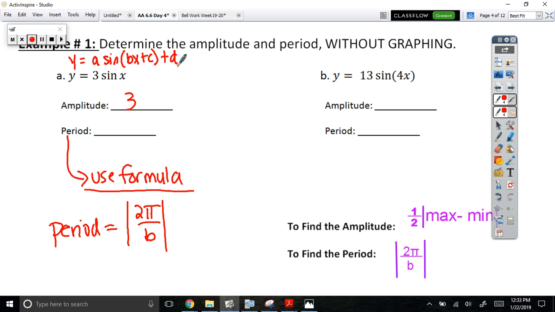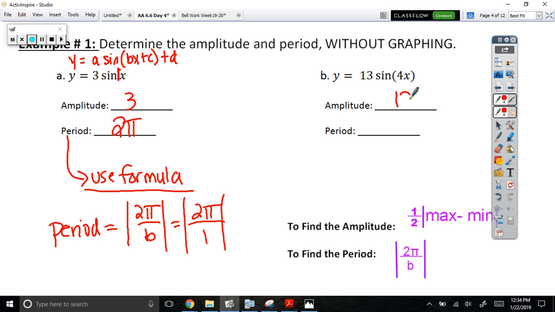It is hiding in front of the x. If you put a 0 there, then 0 times x is 0, so it would be rid of, but it's a 1. So our b value is 1. So we'll plug in 2 pi divided by 1, which is then just 2 pi. If you remember, the parent function's period was normally 2 pi. Now all the other ones, they're going to change.